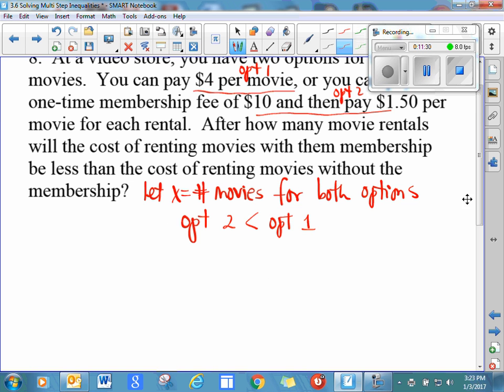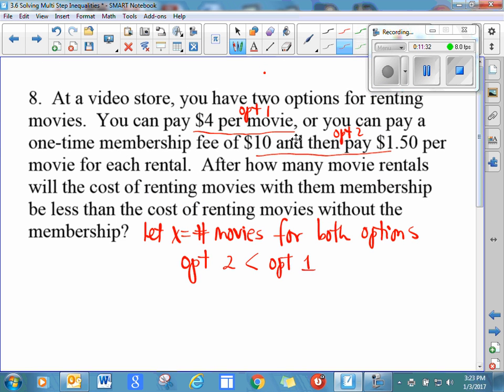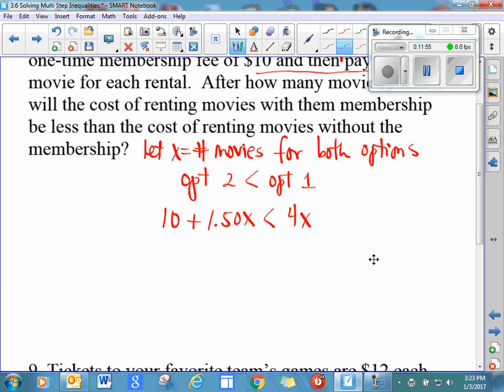So option 2, let's go back and look at option 2. You have to pay $10, and then every time you rent the movie, you're paying $1.50. So $1.50 times every time you rent the movie plus the $10 flat fee. When is this going to be less than just paying $4 for renting the movie?